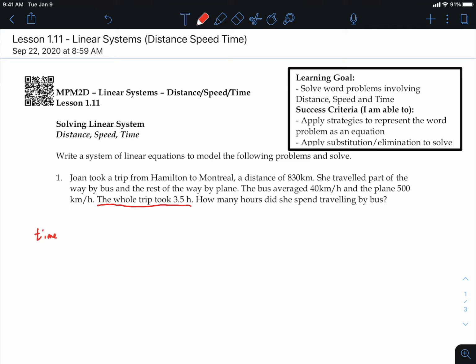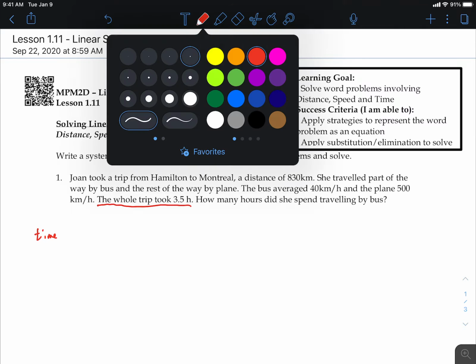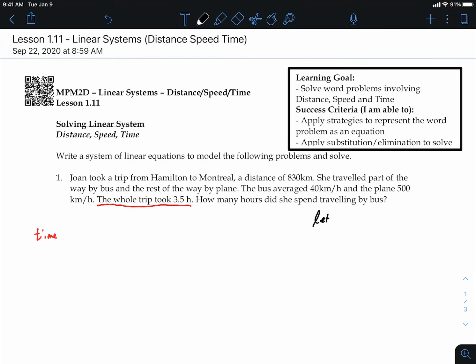A time equation. We can write our let statements too, right? You could say let x represent time on bus, and let y represent time on plane.